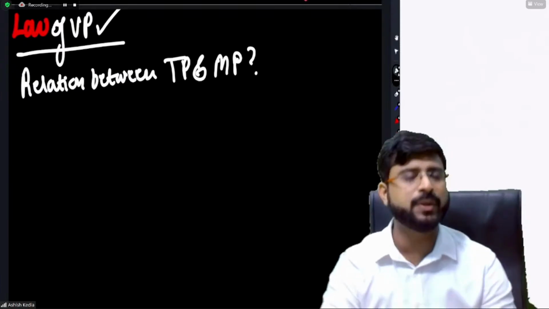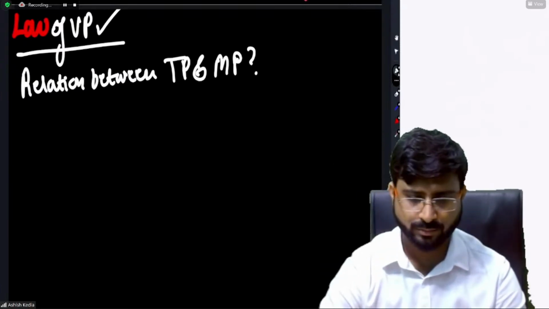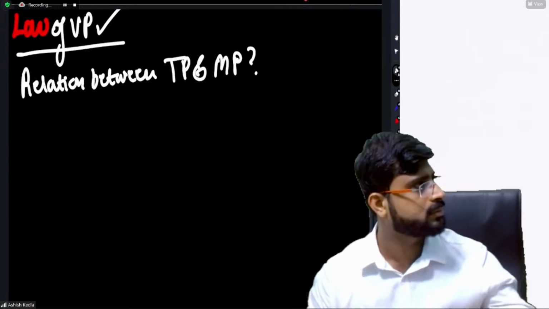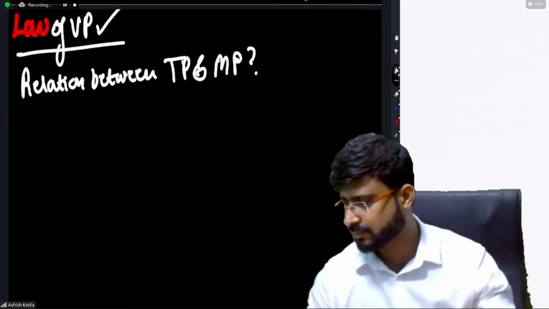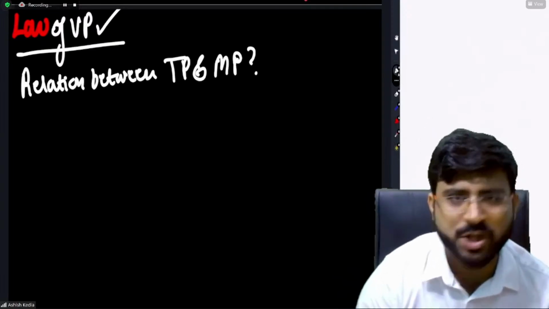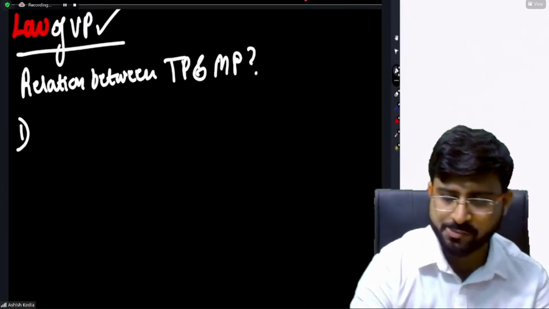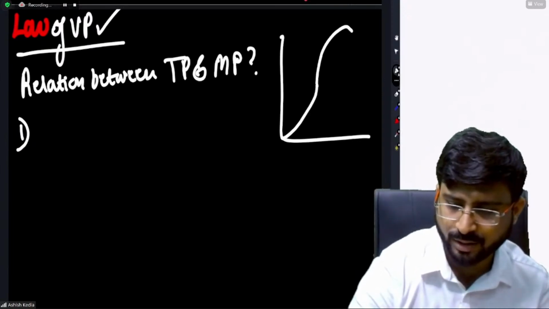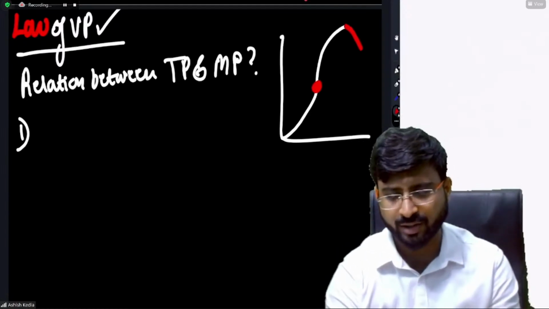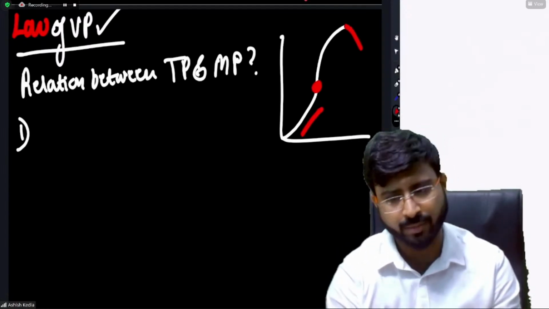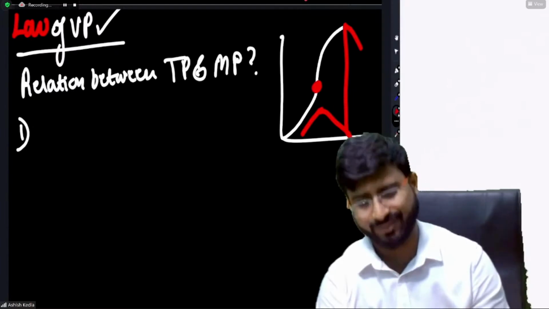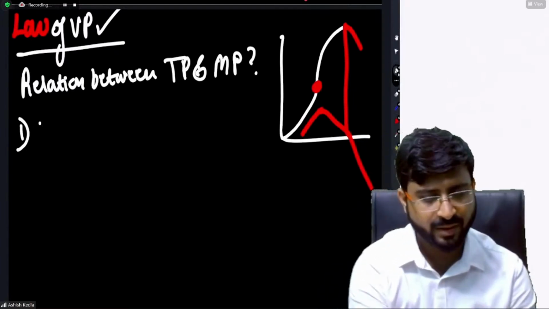So number one, you will remember this is the point of inflection. This red mark. So what happened at the point of inflection? At the point of inflection, MP became maximum. When TP was maximum, MP became zero. And when TP fell down, MP became negative. So this is what we are going to say.